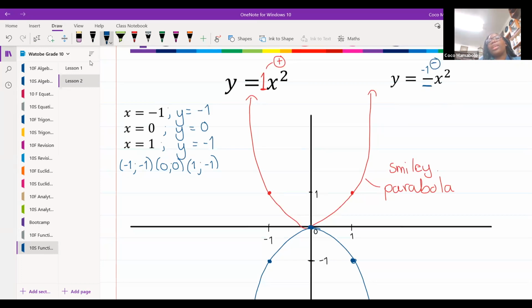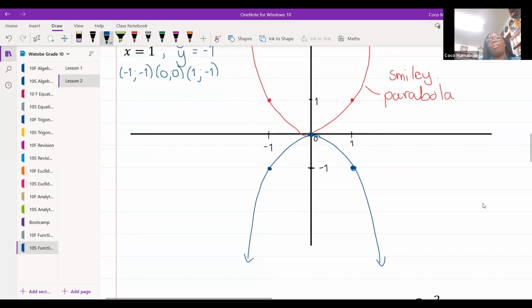So we can see from our parabola, what kind of parabola do we have? Is it smiley or sad face? Good, a sad face parabola, because it is in quadrant 3 and 4, and the smiley face parabola is in quadrant 1 and 2.